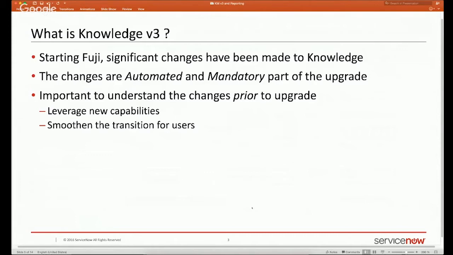While that means that you don't have to do anything to get the new things that are part of the knowledge application now, it is important to understand what the changes were prior to the upgrade so that you are able to take benefit of those new capabilities and also smoothen the transition for your users and your authors.